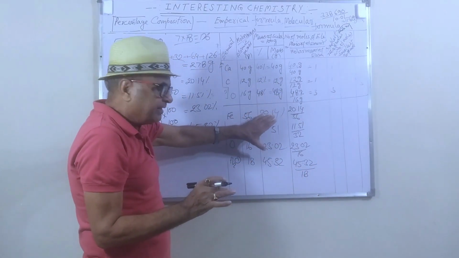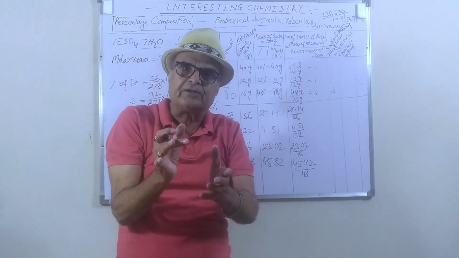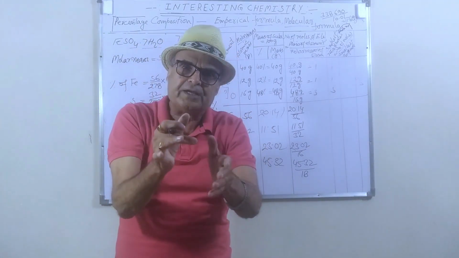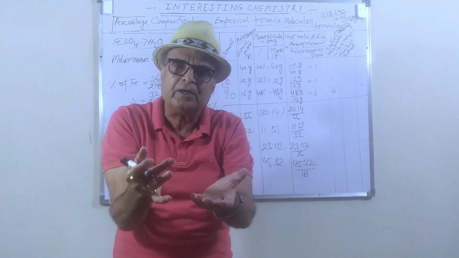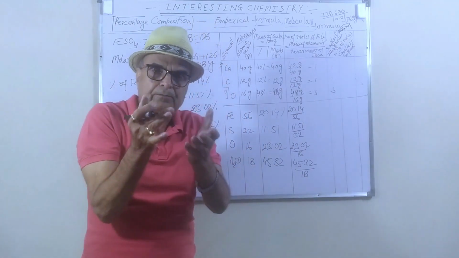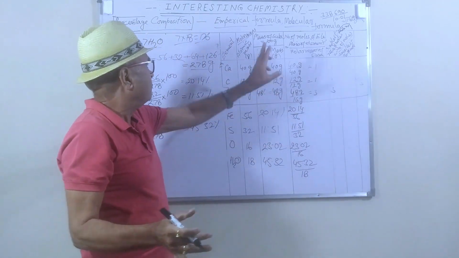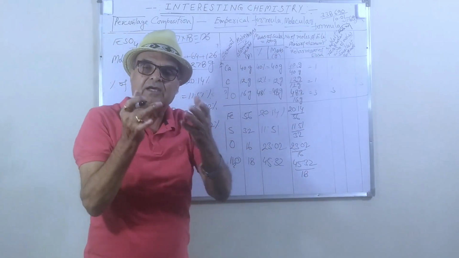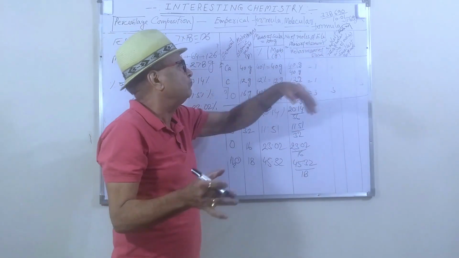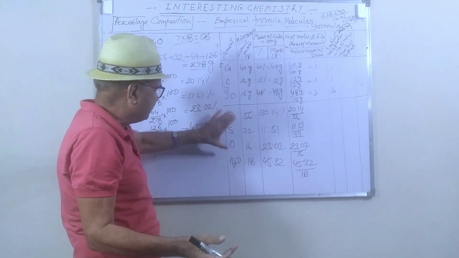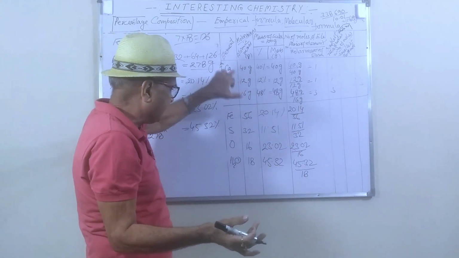From the percentage you get the mass of the element, and the mass of the element is divided by the molar mass of the element.